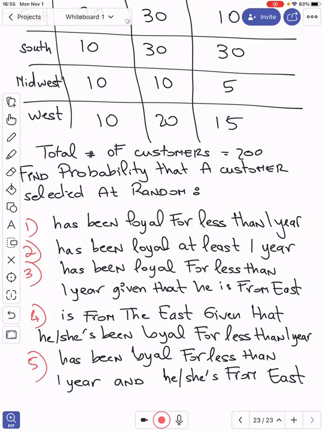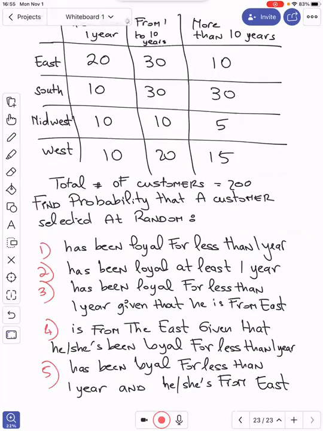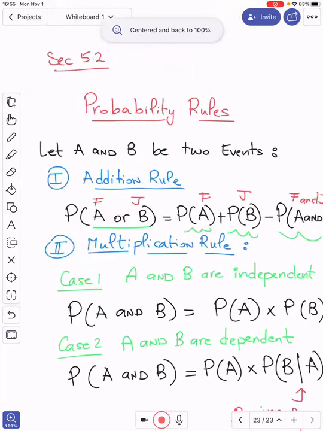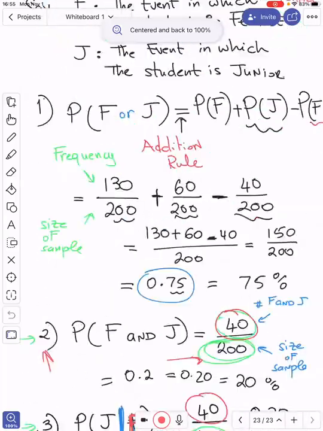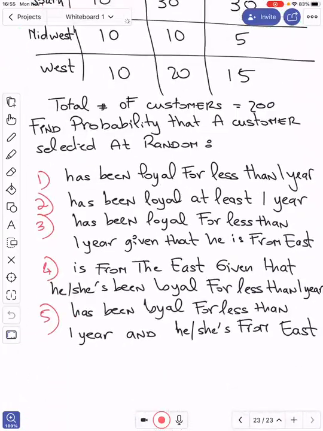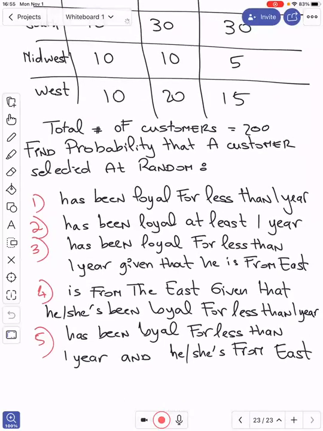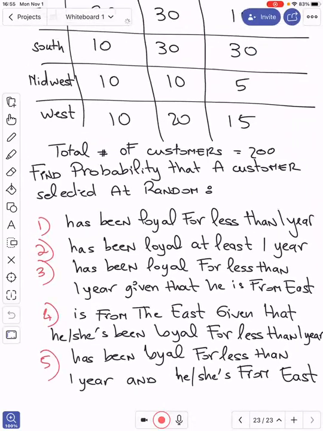For number five, Layla, you are saying, is it 50%? And here's from the East. I don't think it's, oops, come on. Sorry. So has been loyal for less than 1 year, and he or she is from the East.